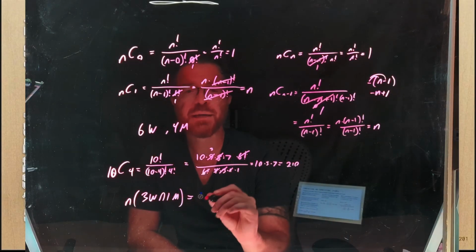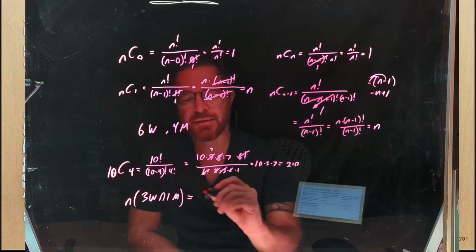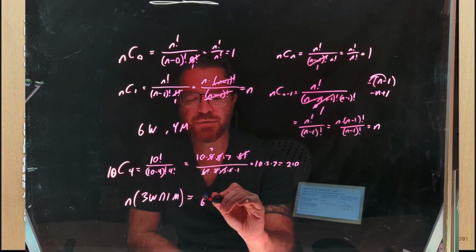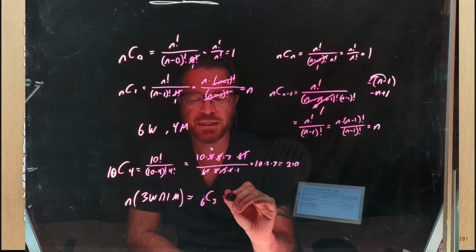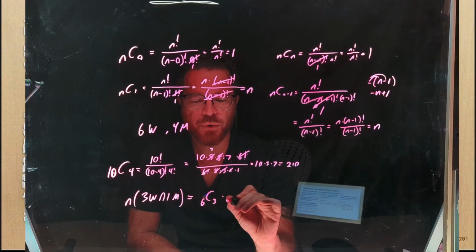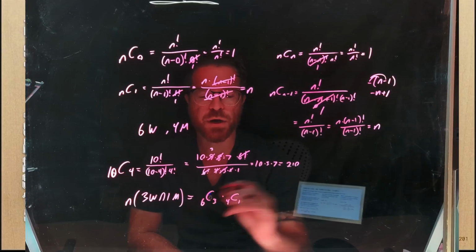So first things first, let's see how many possible ways we can select these 3 women. So we have 6 women to choose from, and we're selecting 3 in the committee. And we have 4 men to choose from, and we're selecting 1.